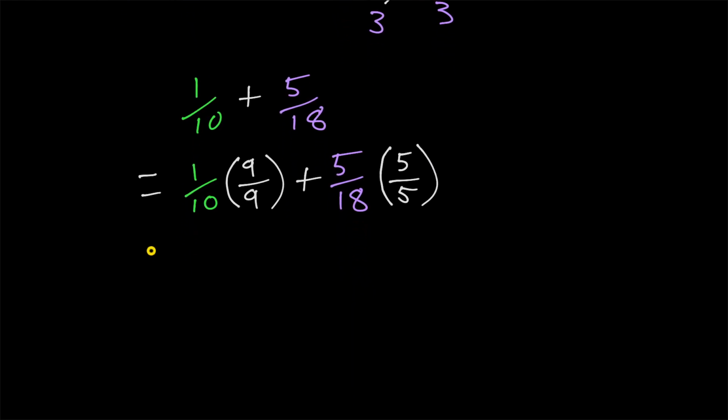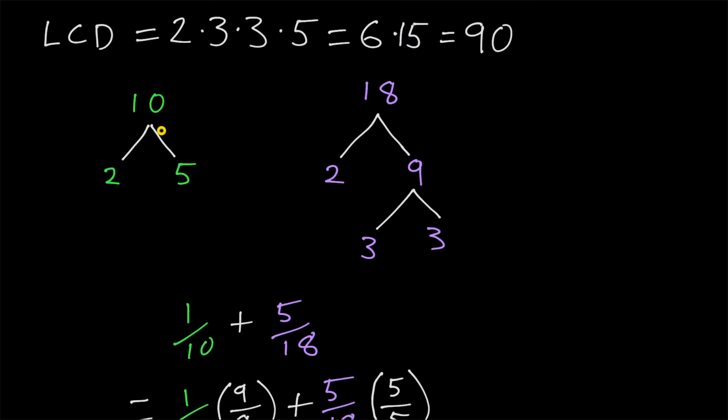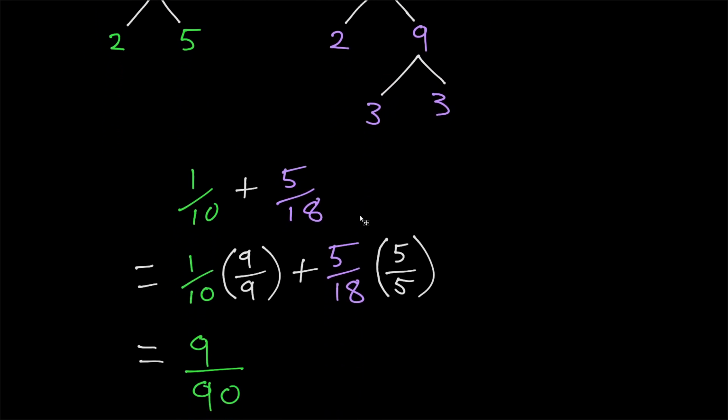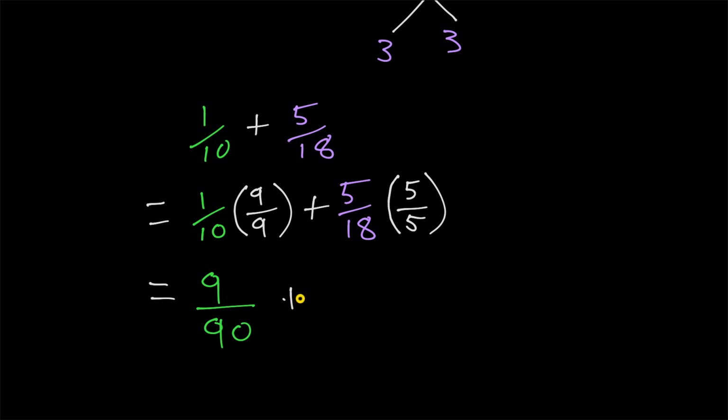So now let's just perform the multiplication. We're going to have 1 times 9, which is equal to 9. And then 10 times 9 is equal to 90, our least or lowest common denominator that we found using prime factorization up here. And to this, we're going to add 5 times 5, which is equal to 25, and 18 times 5 is equal to 90. So now we can combine these two fractions.